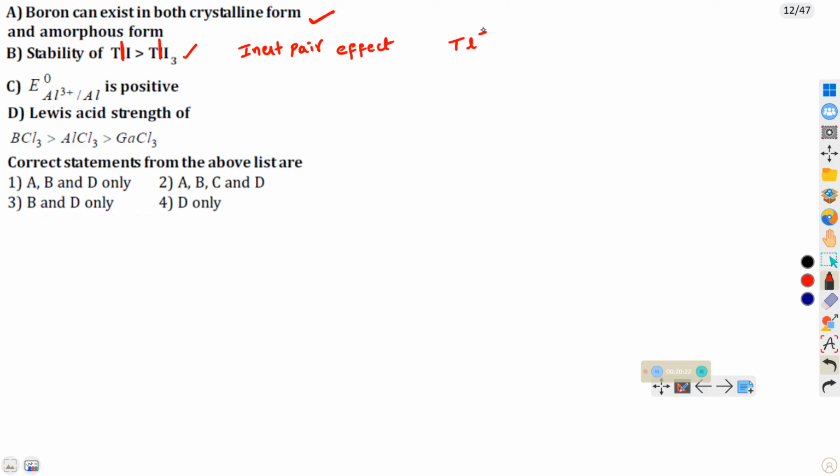Tl plus 1 is more stable than Tl plus 3. E naught of Al3+ by Al is positive. This is wrong, not positive, negative. Lewis acid strength is given as BCl3 greater than AlCl3 greater than GaCl3. Correct. A, B, D statements are correct.